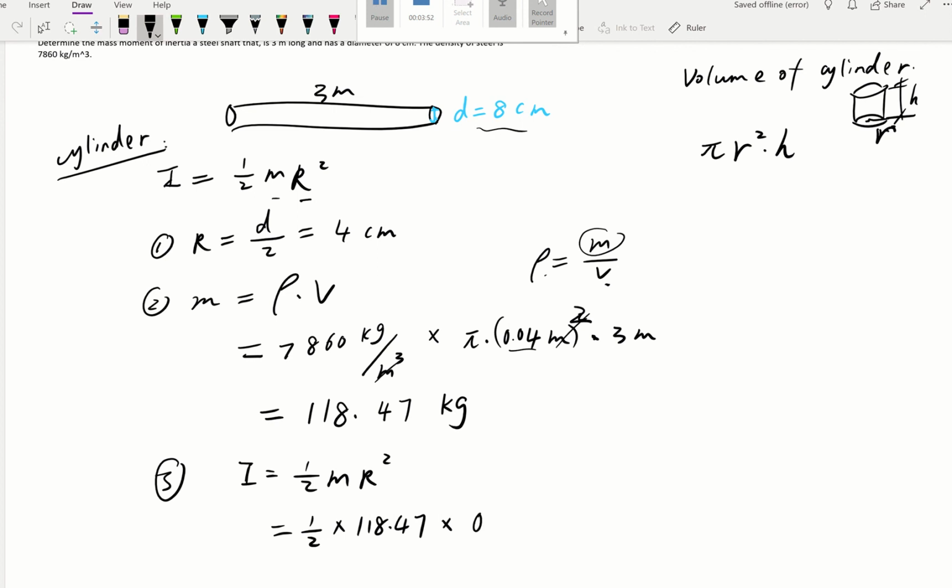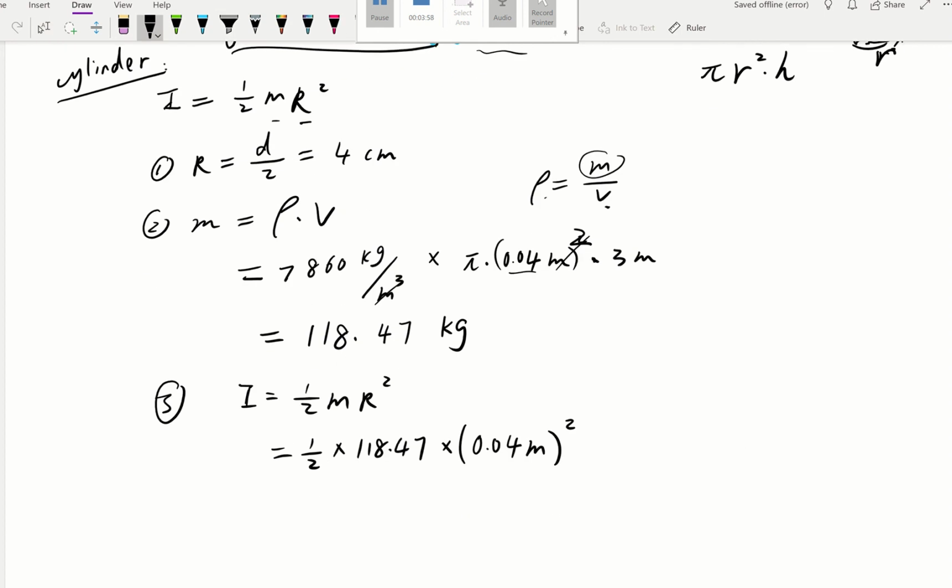If we change that to meter, okay, then be aware this is kilogram. Then the mass moment of inertia unit will be kilogram meter squared. That's what we wanted. Mass times distance squared. And what's this answer right here? So we can multiply them together.